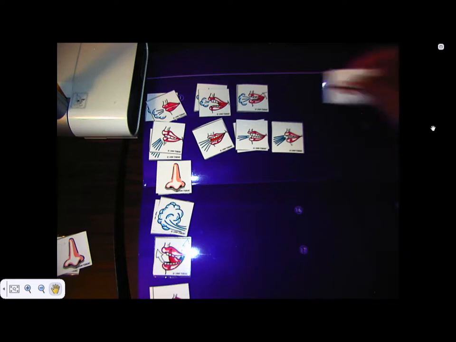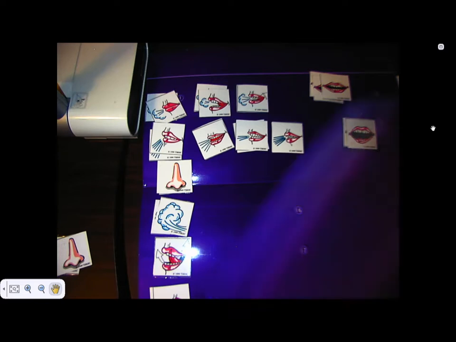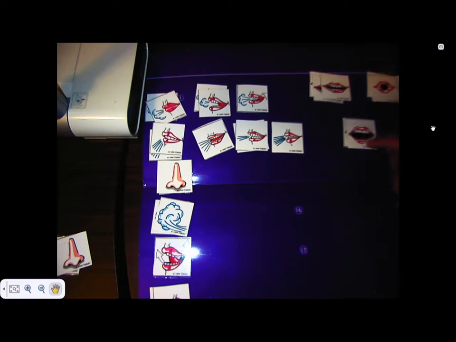Our smiling vowels. A, E, I, E. Our round vowels. I'm sorry. O. These are the round vowels. Our open vowel and our round vowels.